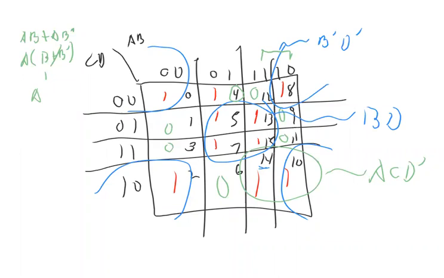Can you just do 4 and 5? 4 and 5, you got it. And what's that loop called? Would it be B, C prime? Well, I got A is constant. Would it be A prime, B prime, C prime? All right, so that's good.